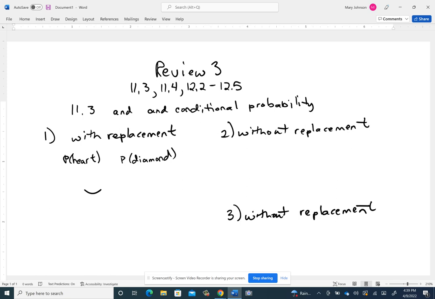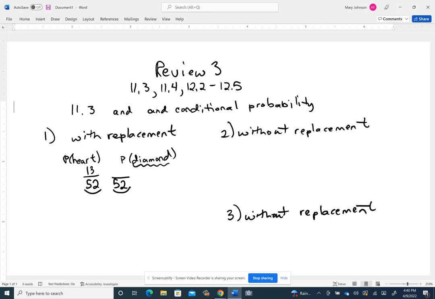So the probability of getting a heart would be 13 cards out of 52 that are hearts. Now, the card is going back into the deck. So when that second event happens, you still have 52 cards. All right, and you're drawing a diamond this time. And see, diamonds and hearts, they don't overlap at all, right?